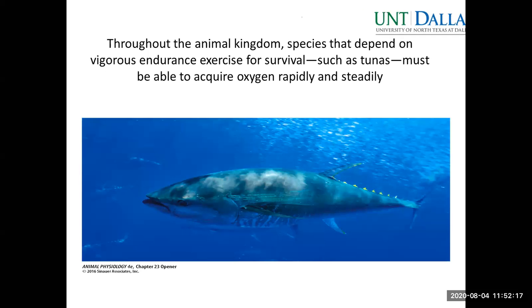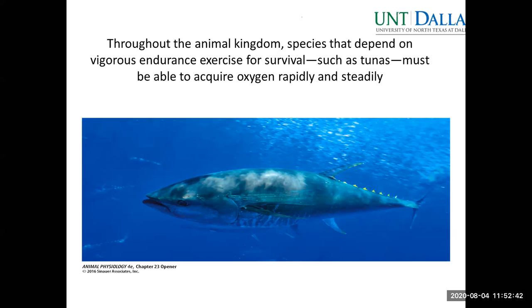Throughout the animal kingdom, species that depend on vigorous endurance exercise for survival, such as tunas, must be able to acquire oxygen rapidly and steadily. Although water is not a particularly rich source of oxygen, tunas have gills and breathing processes that enable them to live as highly active predators.